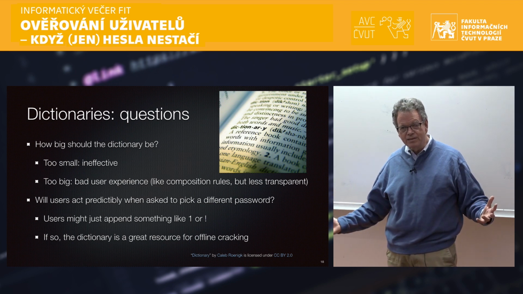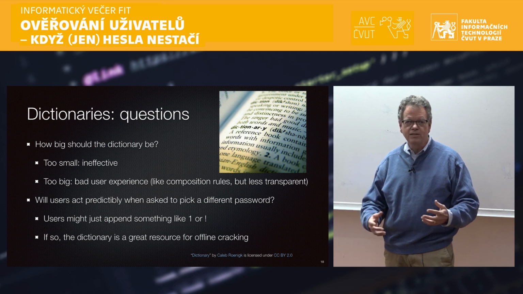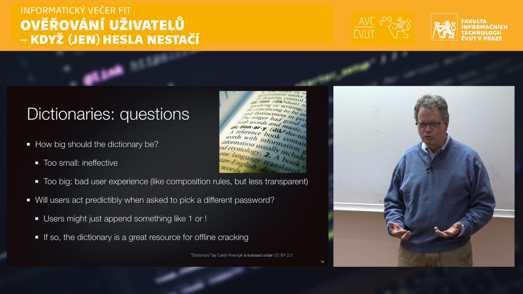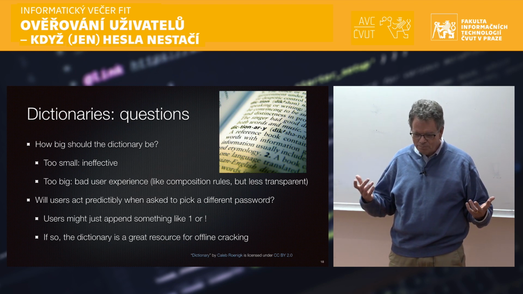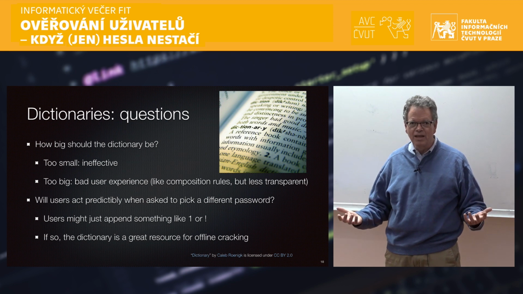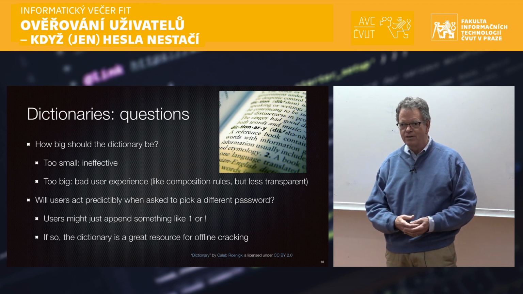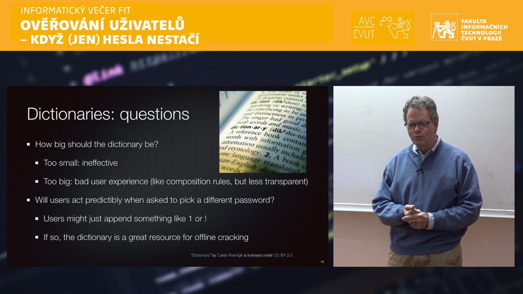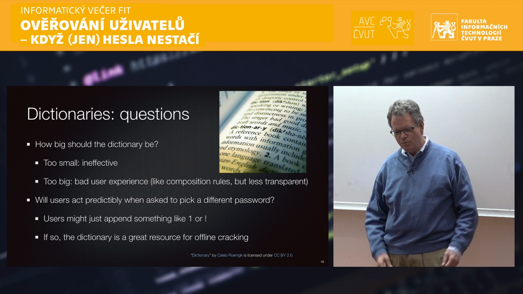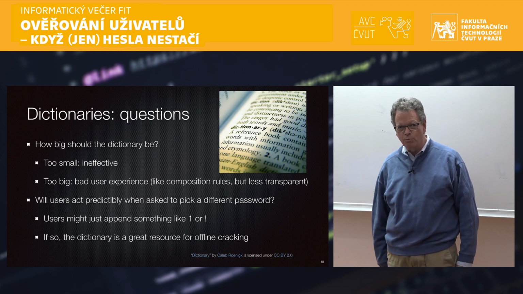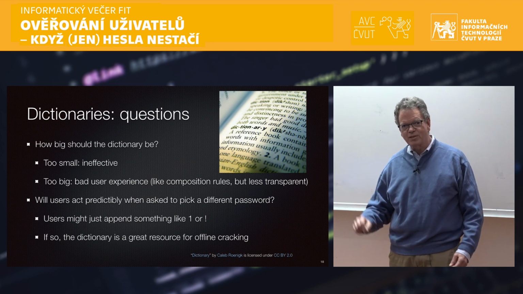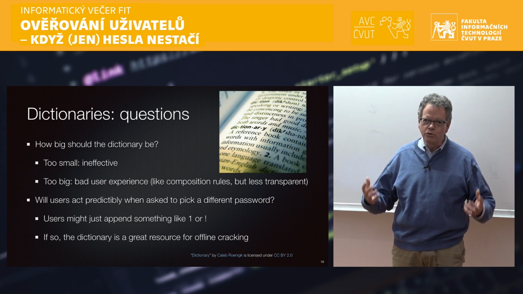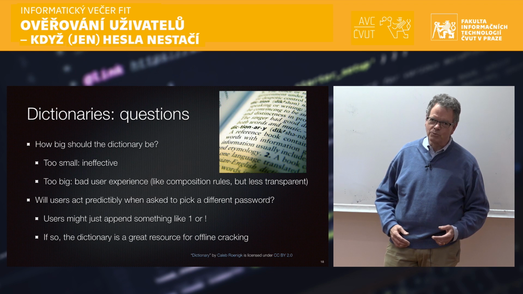If you have too big of a list, and there are lists that have been created that are enormous now, then you get frustrated users because they can't find a password that doesn't appear on the list somewhere, and then you get creative users that take the password, and it says that's not acceptable, so they add an exclamation point to the end. Still not acceptable. 2 exclamation points, they'll do something very predictable. You don't want to drive the users to do something predictable when choosing a password.